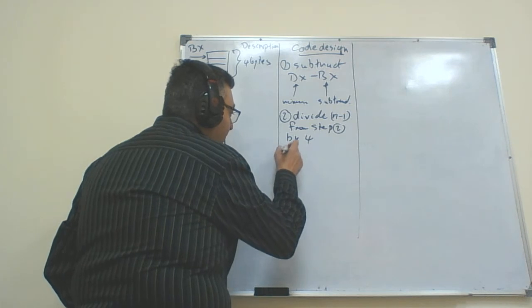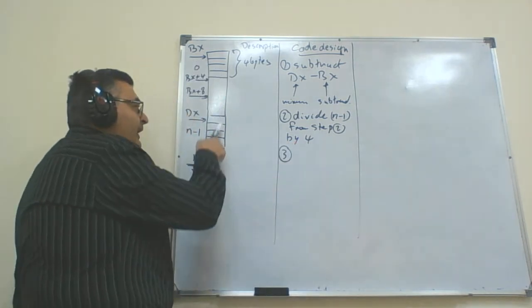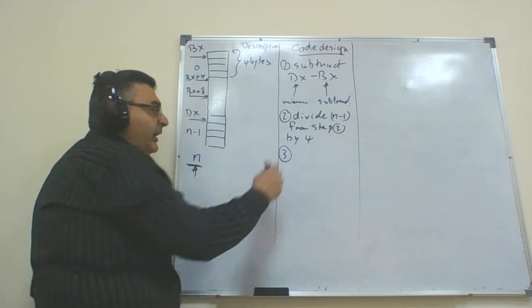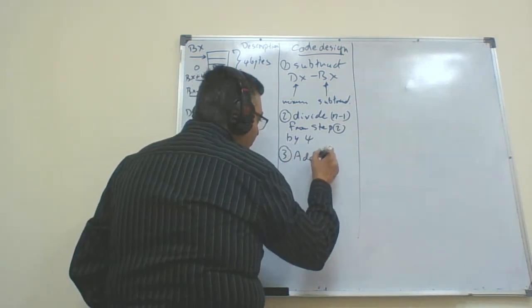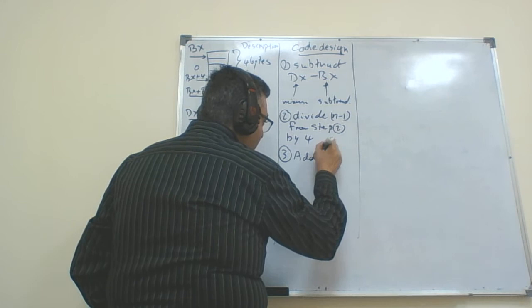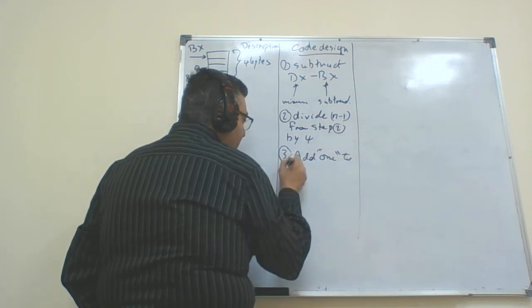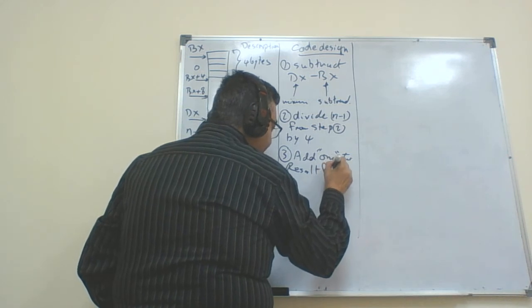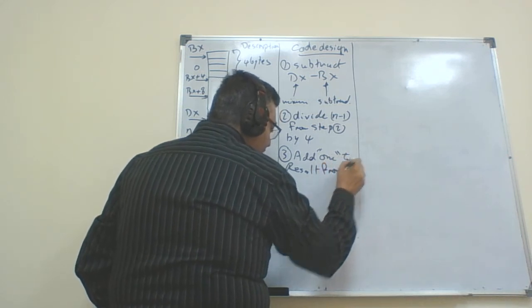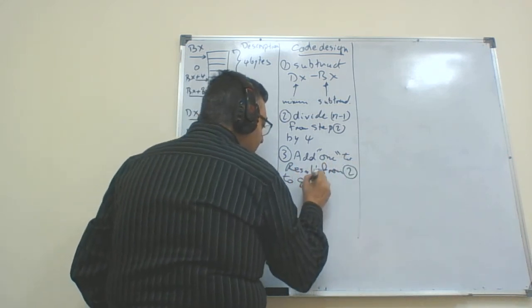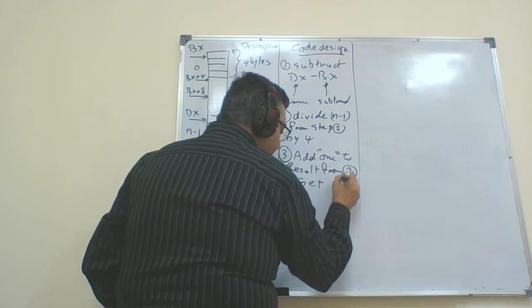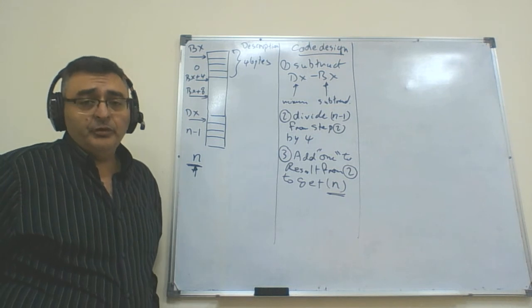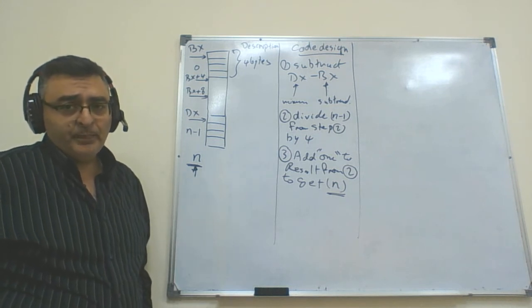Step number 3 is to add 1 to the number that we get in step 2, to get n. Agree? Make sense?